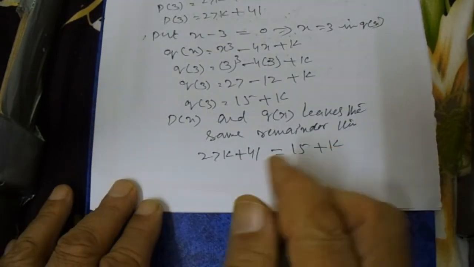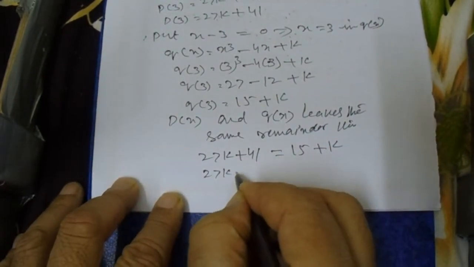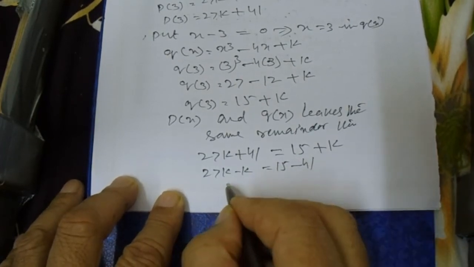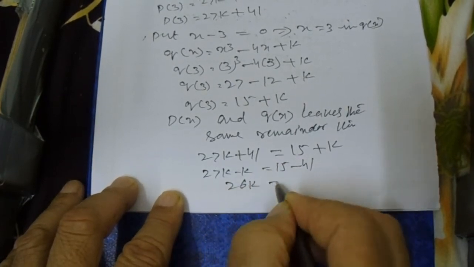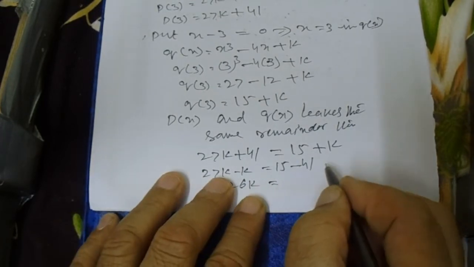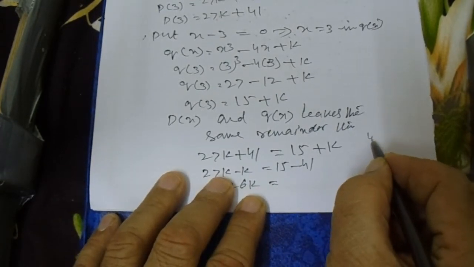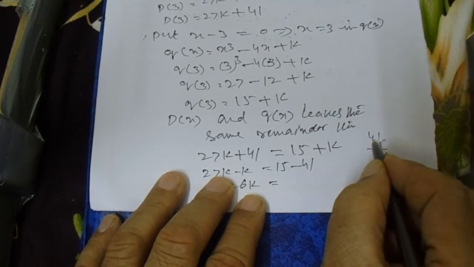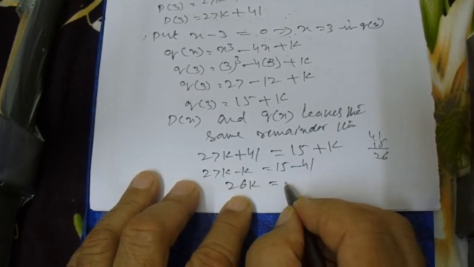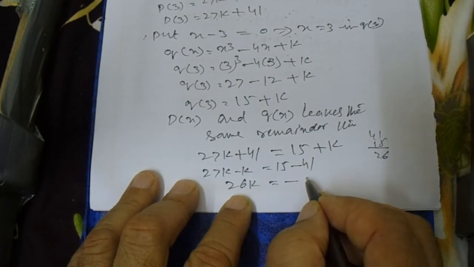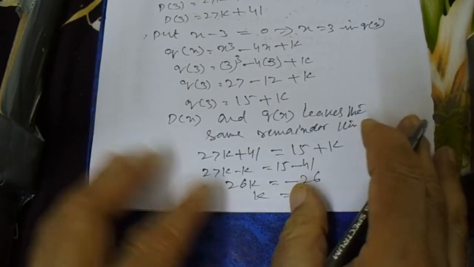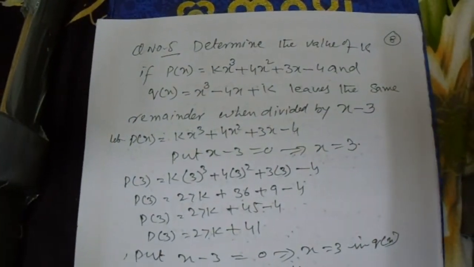Here 27k − k = 15 − 41. 26k = −26, and k = −1. Now this is the solution of question number 5.